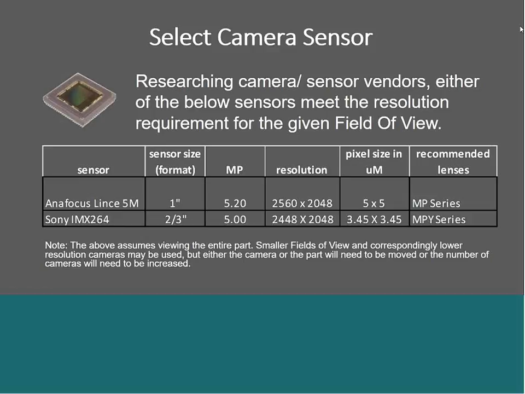Many camera manufacturers will specify the pixel size, and some even specify the sensor they use in those particular cameras. So doing some research, I selected 2 sensors. One is from Anafocus and one's from Sony. Let me back up.